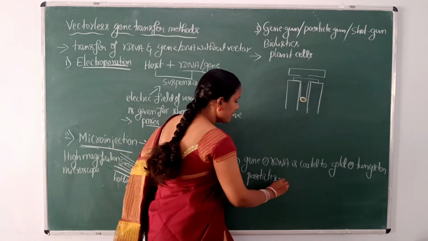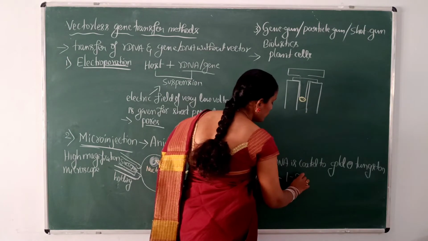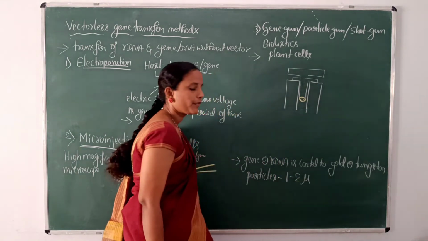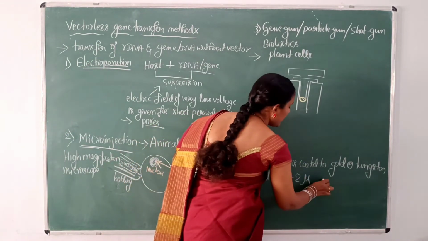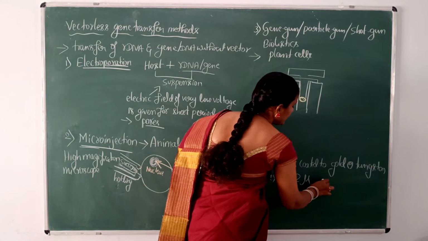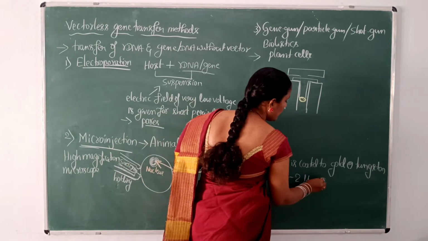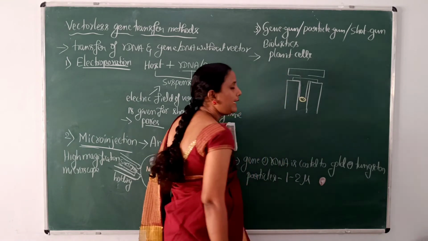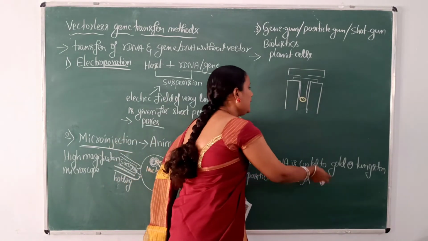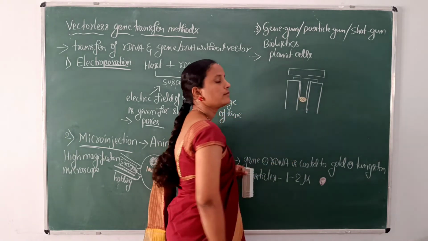Minute size means they have a diameter of 1 to 2 microns. So if it is gold or tungsten particles, these will be coated with the gene of our interest or the recombinant DNA, and this will be loaded here.